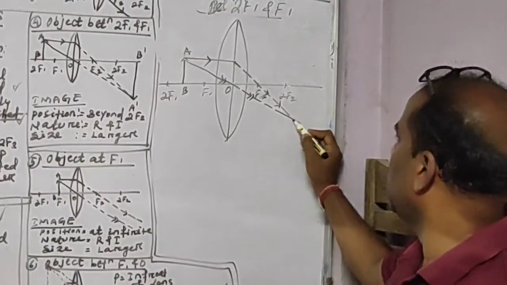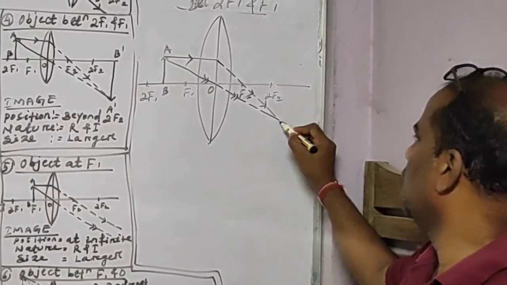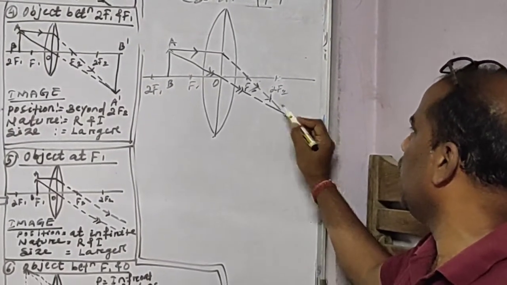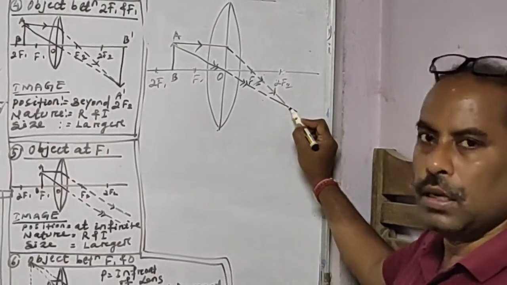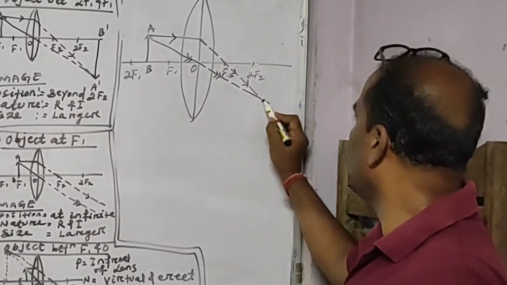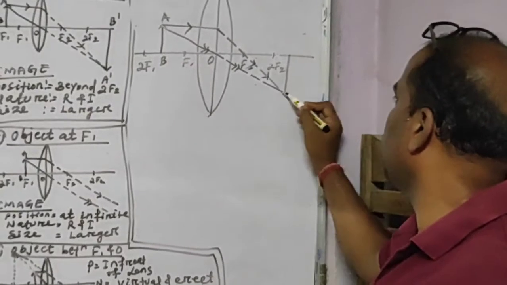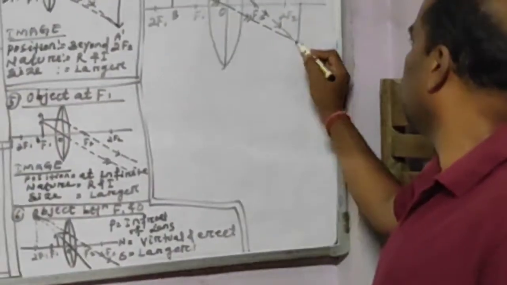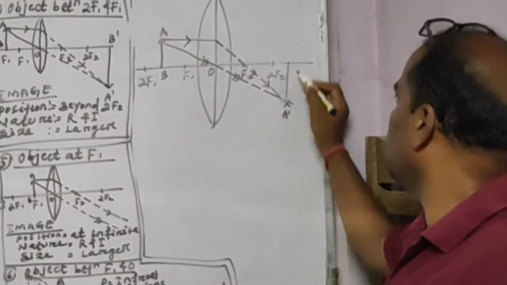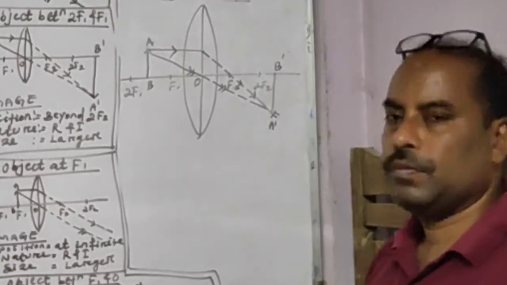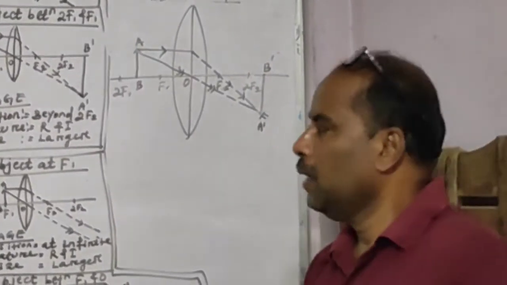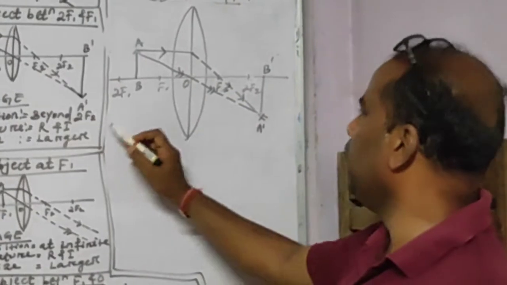Now it is intersecting here. You see the intersecting point is here. Both of the refracted rays intersect here. So from here we have to draw the line straight to the principal axis, and the arrow mark coming here will be A dash, and this will be B dash. Now the position will be beyond 2f2.